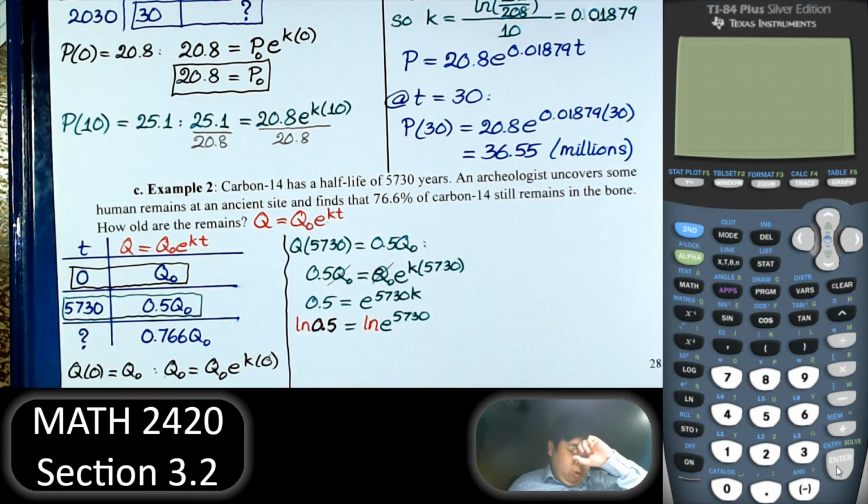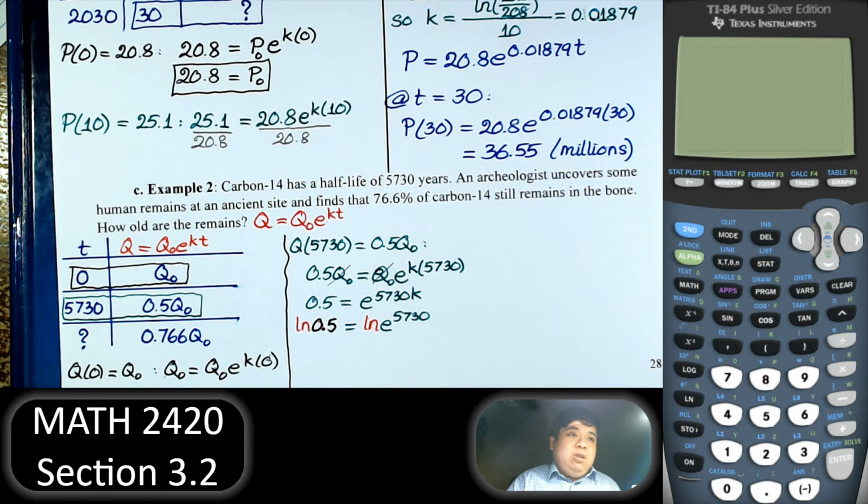And ln of 0.5 is negative 0.693. Just like any chemistry major, they know that ln of 0.5 is negative 0.693.